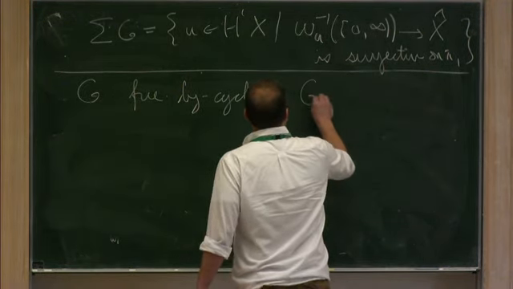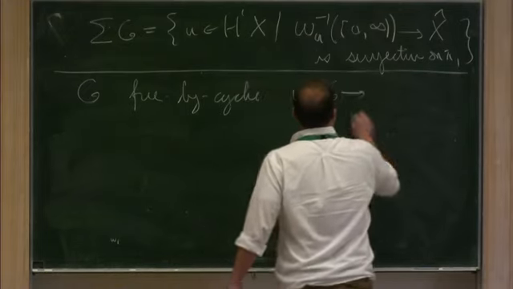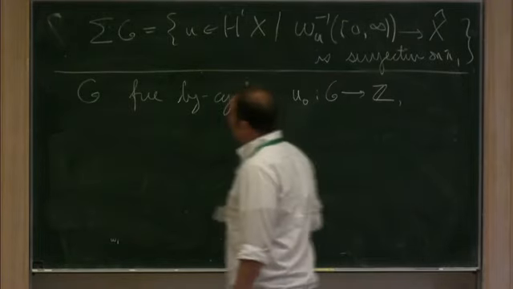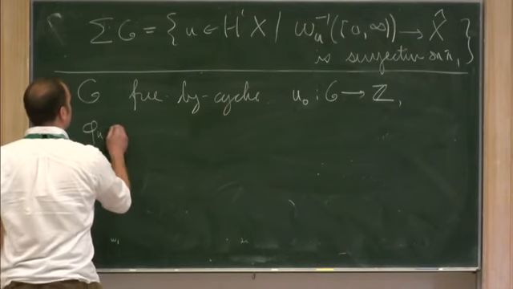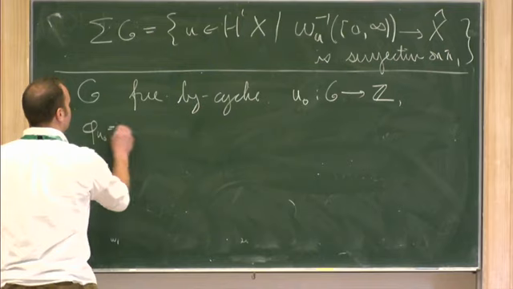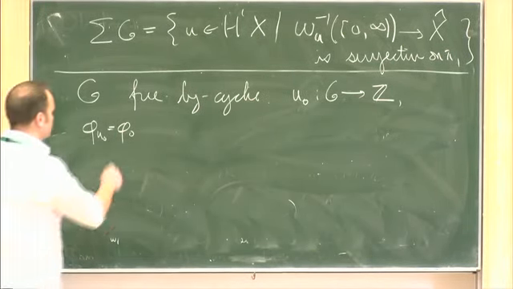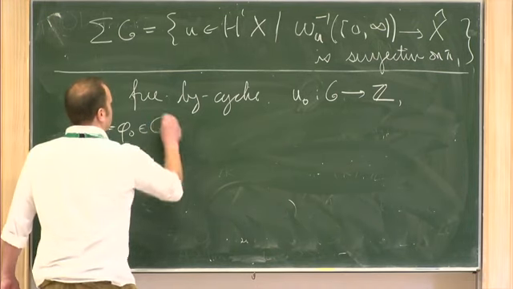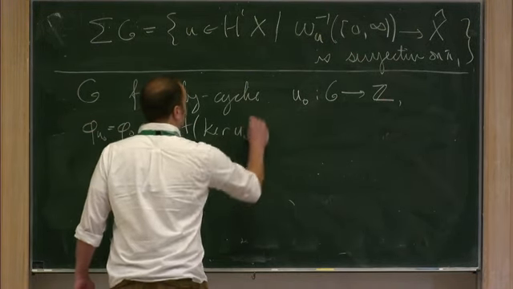So G looks like this: there's a homomorphism, let's call it U naught, from G to Z, and an outer automorphism, call it phi naught. This will be sort of the starting object. This is an element of Out of the kernel of U naught.